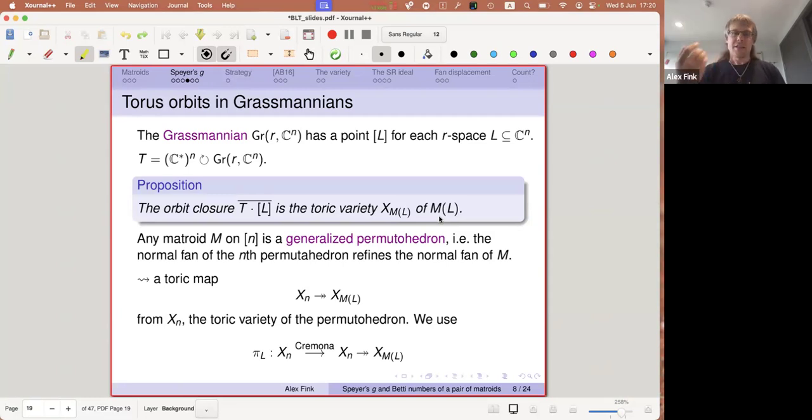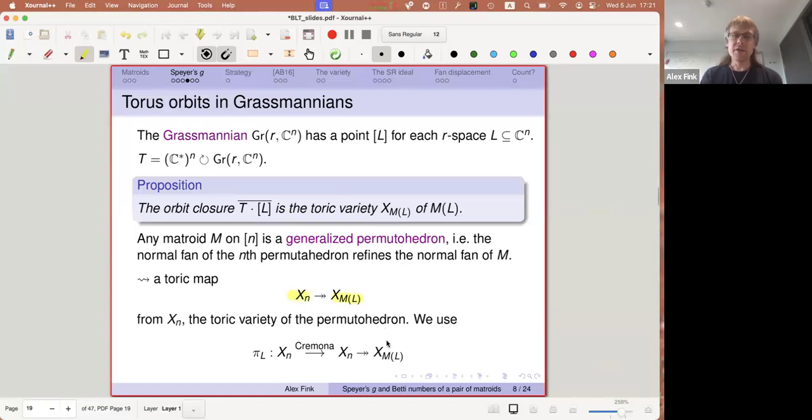Since every matroid is a generalized permutahedron, that is, its normal fan is a coarsening of the normal fan of the permutahedron, which is the braid fan, this implies that the toric variety of the permutahedron is not necessarily an iterated blowup, but at least has a surjective map to the toric variety of the matroid polytope itself, which is this orbit closure up here. So using that, we can pull back the geometry that David and I did in this setting into the permutahedral variety.